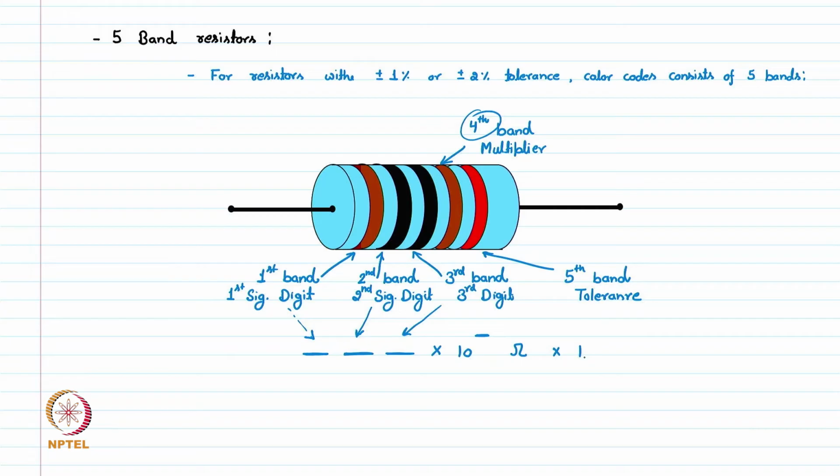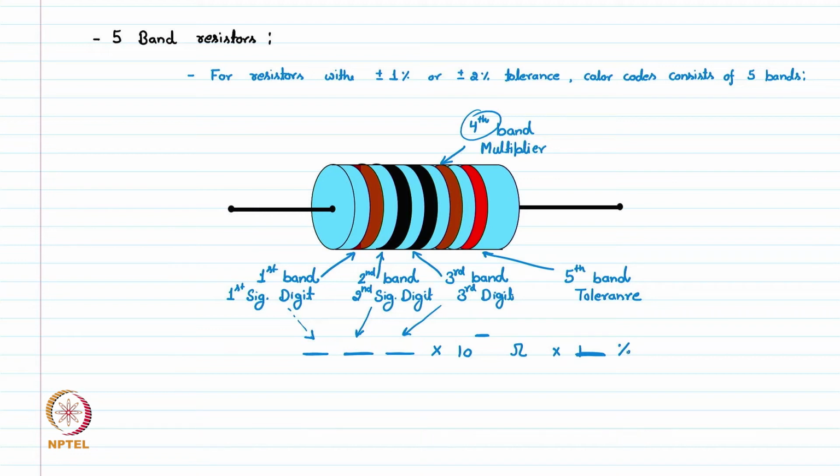This is the fifth parameter, which comes from the tolerance, which is in percentage. So here we see we have these 5 bands.